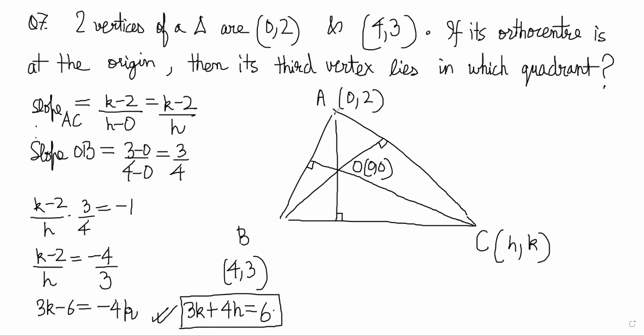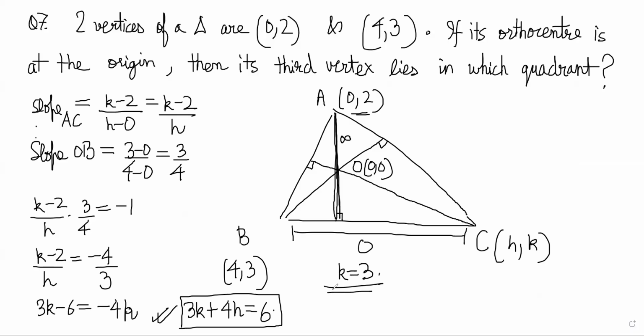Again, similarly, I can do slope of this altitude, which is 2 minus 0 by 0 minus 0. Actually, this is infinite slope, right? So the slope of this must be 0. This altitude is perpendicular to the y-axis, so this line must be perpendicular to the x-axis, which automatically means that k should be equal to 3.